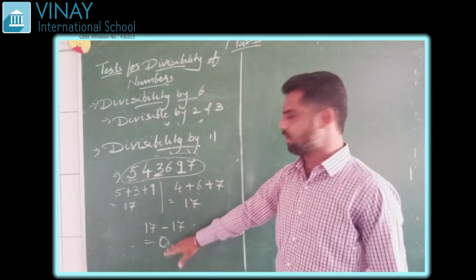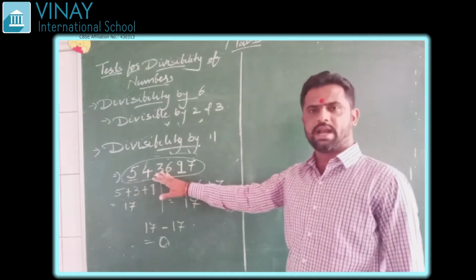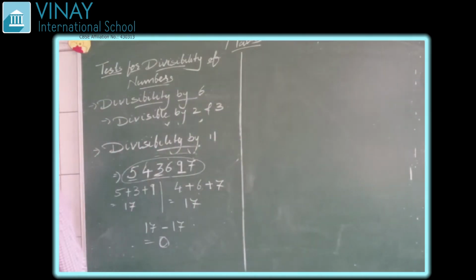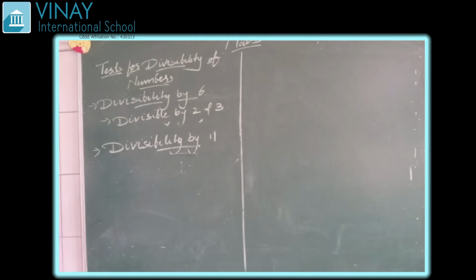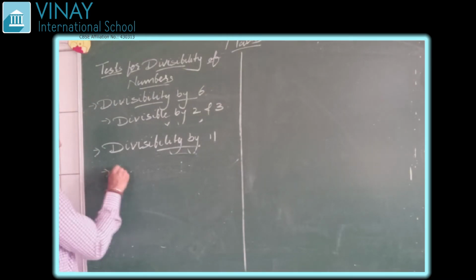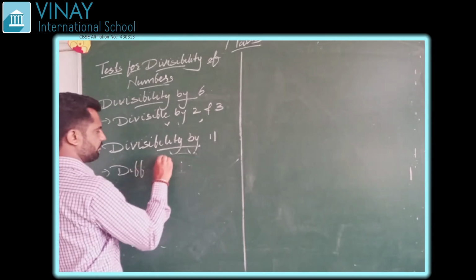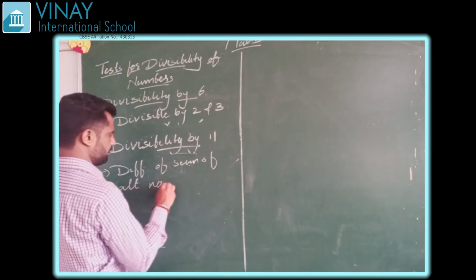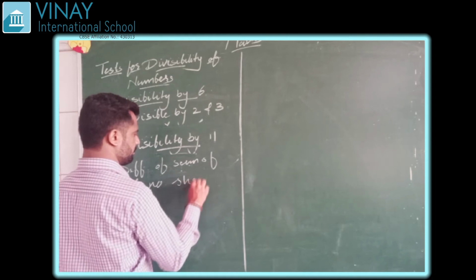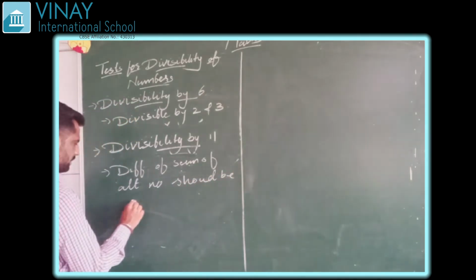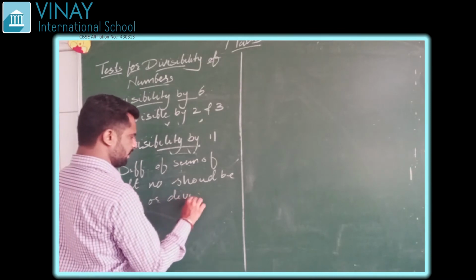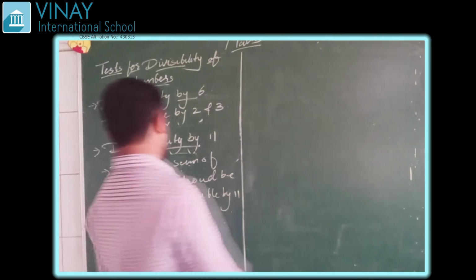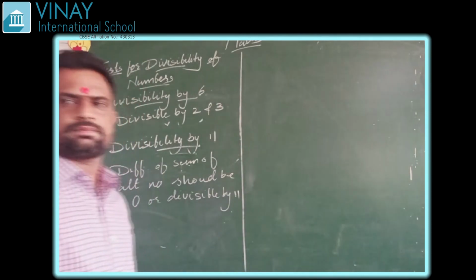Because the difference of the sum of its alternate numbers is 0, and the divisibility of 11 says that the difference of the sum of alternate numbers should be either 0 or divisible by 11.